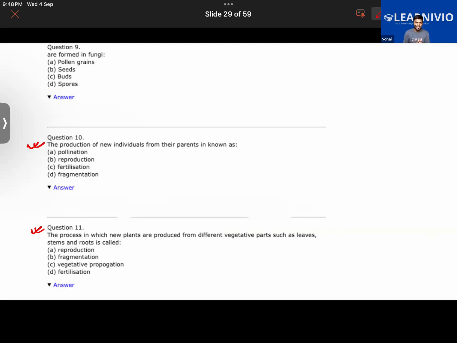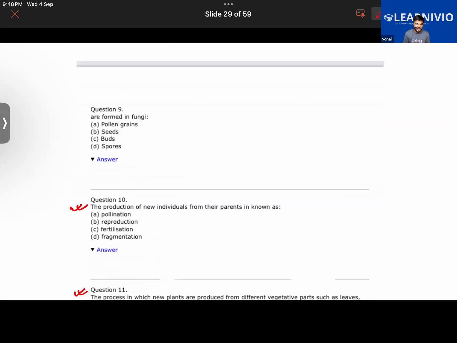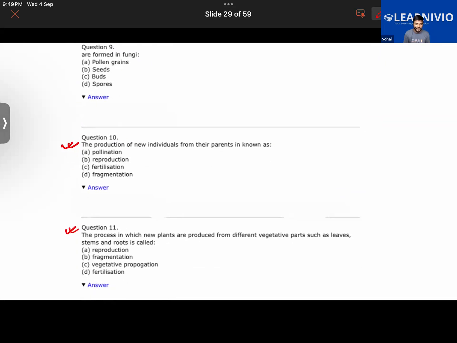Sir, for the eighth one, it is asexual reproduction. Exactly, that is asexual reproduction. Good. For the 10th one, it is reproduction. Good. And for the 11th one, it is vegetative propagation. Good. Got this, Priyanka? For question number 10, the production of new individuals from their parents is known as reproduction. Reproduction is simply the act of giving birth to individuals of the same kind.